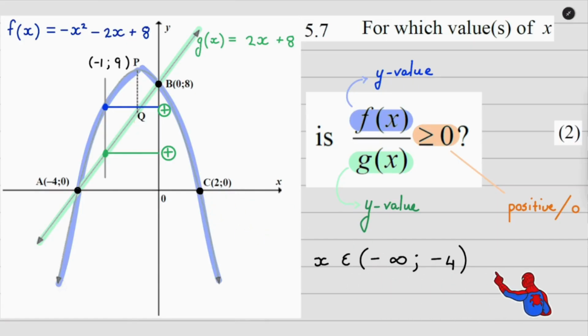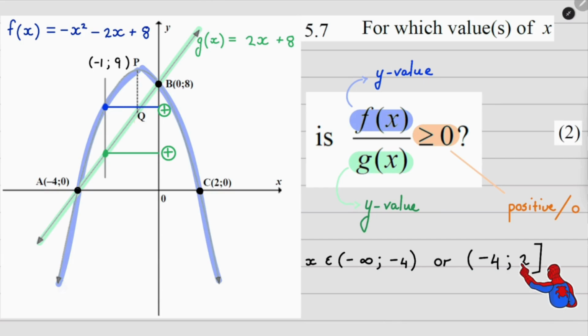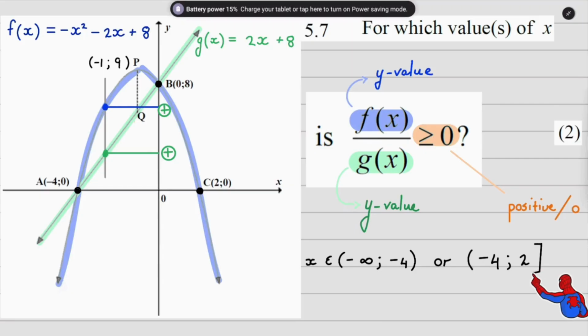So I'm going to set up another interval that starts here and ends over there. And then I can include 2, because the blue graph will have a y value of 0, and the green graph will have quite a high y value there. So I'm going to get 0 divided by quite a big positive number, which will give me 0, and it can be equal to 0. So I'll slap that square bracket on there.